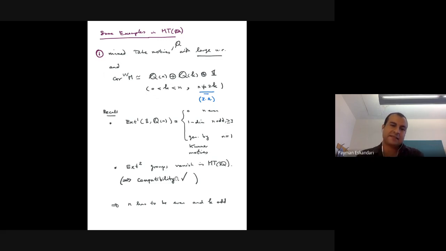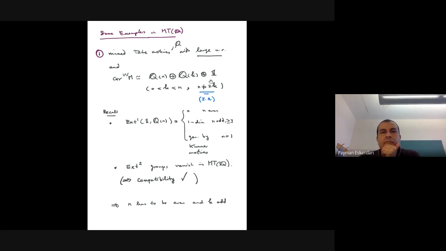Because the Ext2 groups vanish, you don't have to worry about the compatibility of pairs. All your pairs will be compatible, so diagrams can always be completed. Those blended extension diagrams can always be completed in this category.